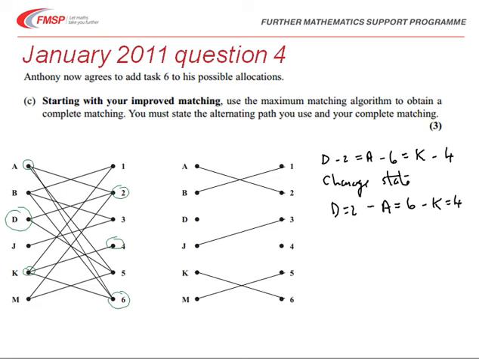Let's put that onto the diagram as well. So from D to 2, not A, but A is now going to be doing 6. So K can't do 6, but K will do 4.